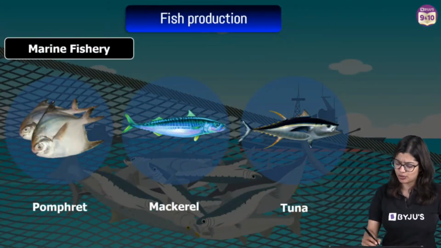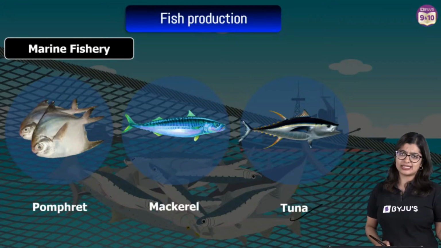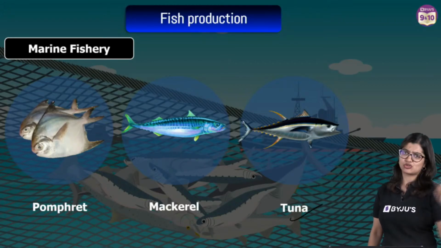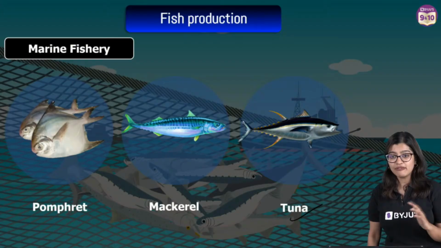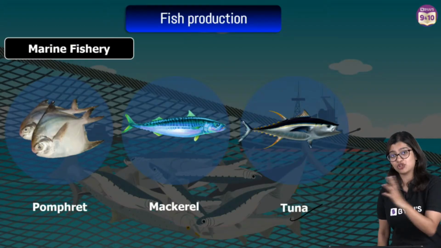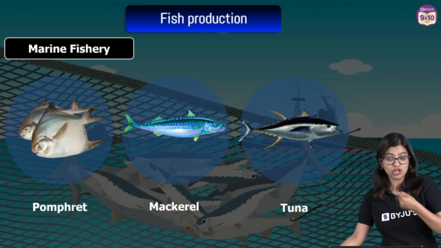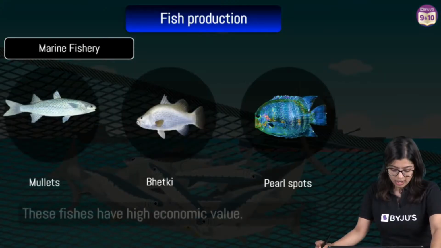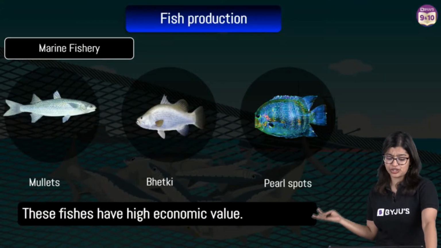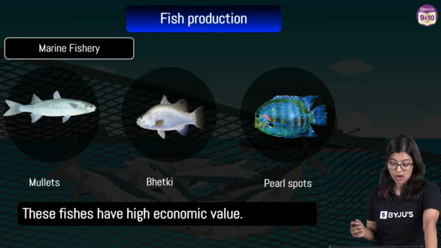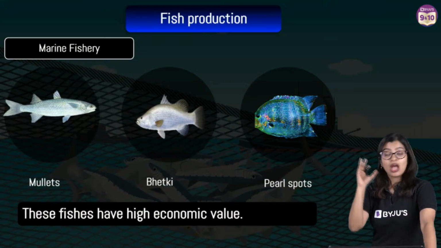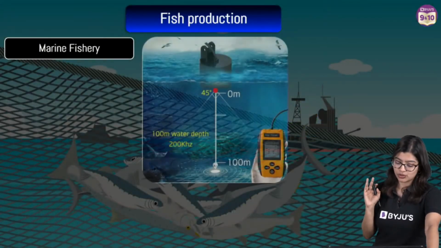Pomfret, mackerel, tuna are very common examples, apart from Bombay duck and so on. Now for marine fishery, capture fishery is what we have observed, where they capture these fishes. And of course fishes like mullets and pearl spots tend to have a high economic value also.